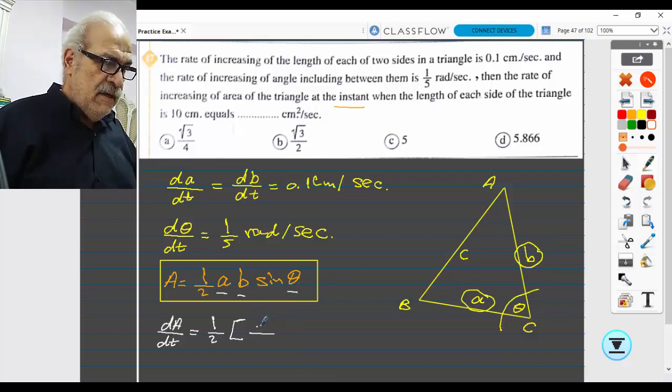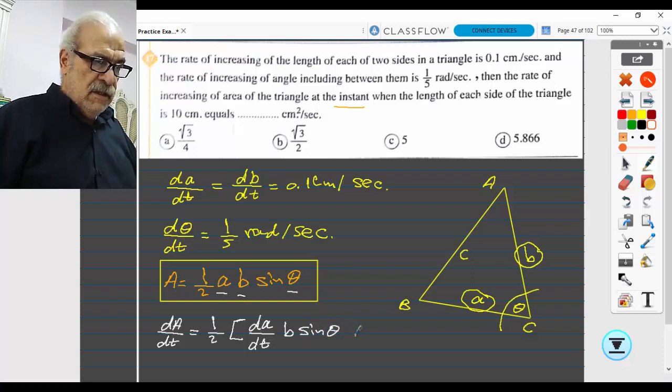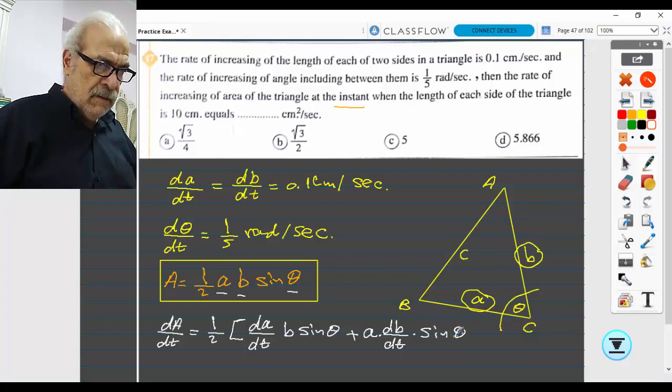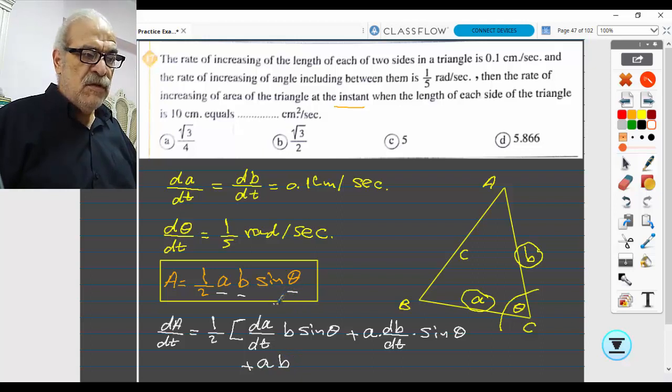So it will be dA/dt, the derivative of the first, and we keep B sine theta as a constant, plus A multiply dB/dt sine theta, plus AB, the derivative of sine theta with respect to the time.